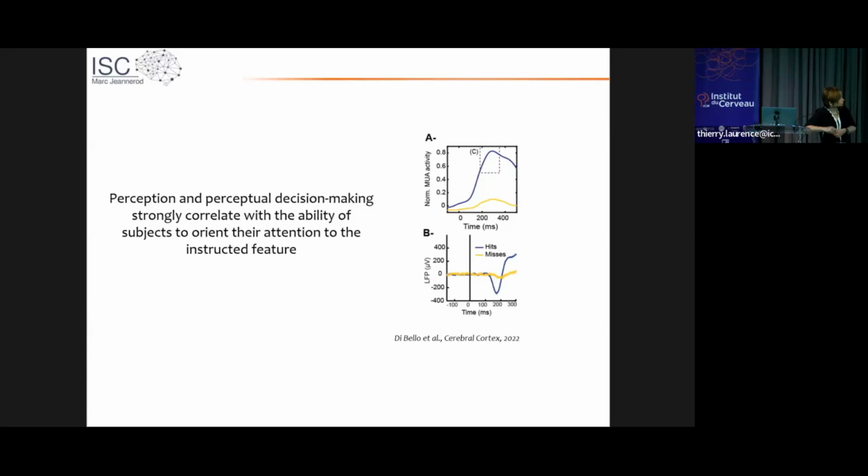And if, in yellow, the subject has not perceived the target due to a misorientation of attention, you get this type of response. So basically, very weak, if any.